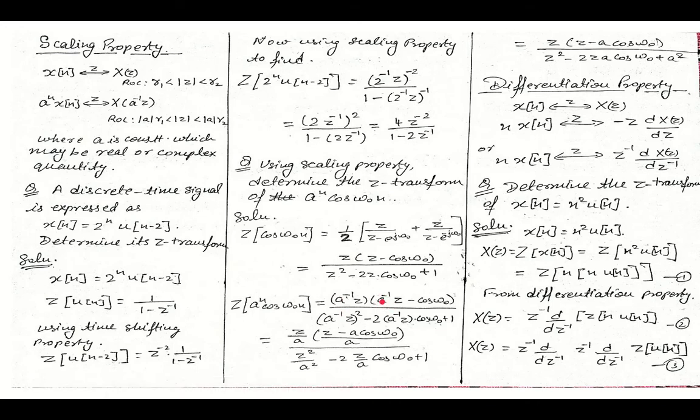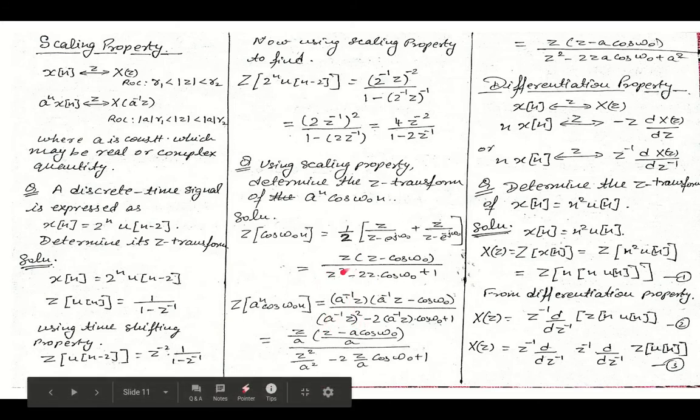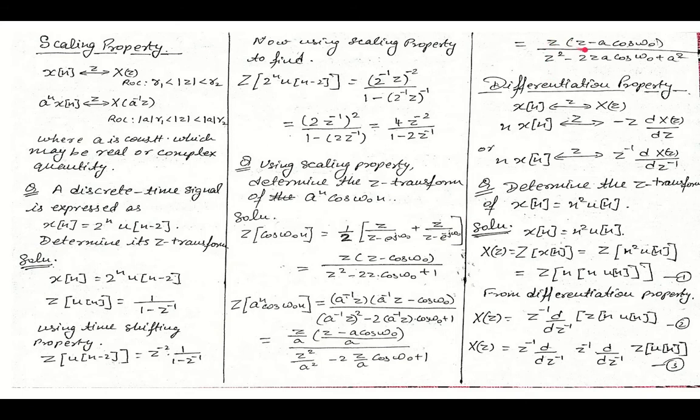We can multiply here with a inverse z whole square, and here also we can multiply with a inverse z. In this way, if we take the LCM of all the values, it will result as z into z minus a cos omega naught upon z square minus 2za cos omega naught plus a square.